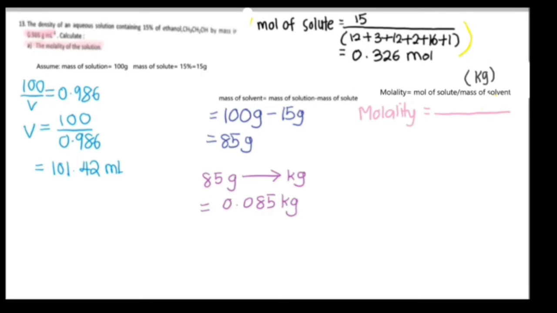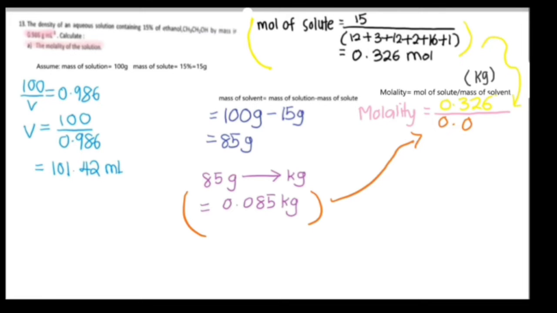Alright, back to the point. For this question, we need to find the molality, so we need to find the mole of solute and also the mass of the solvent. We find the mass of solvent first. The mass of solvent is equal to the mass of solution, which is 100 grams, minus the mass of the solute, which is 15 grams, and we will get 85 grams.